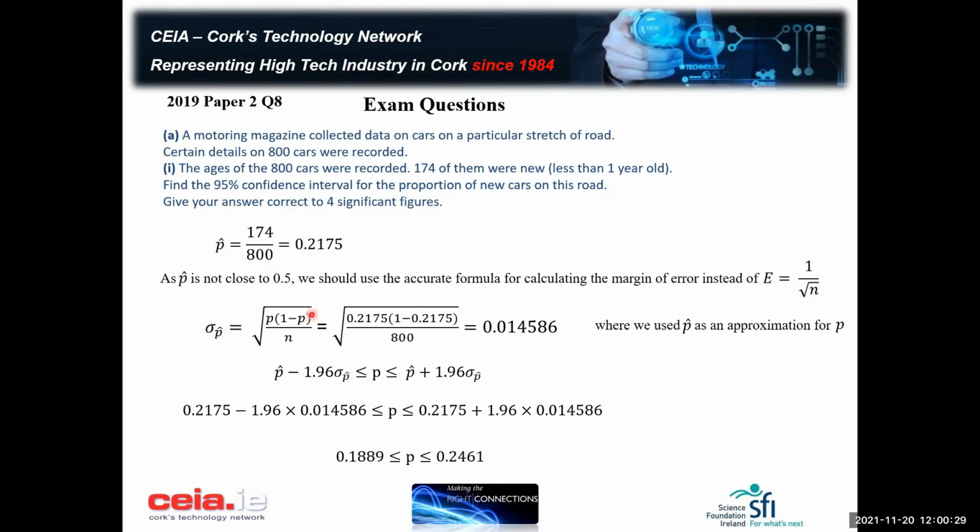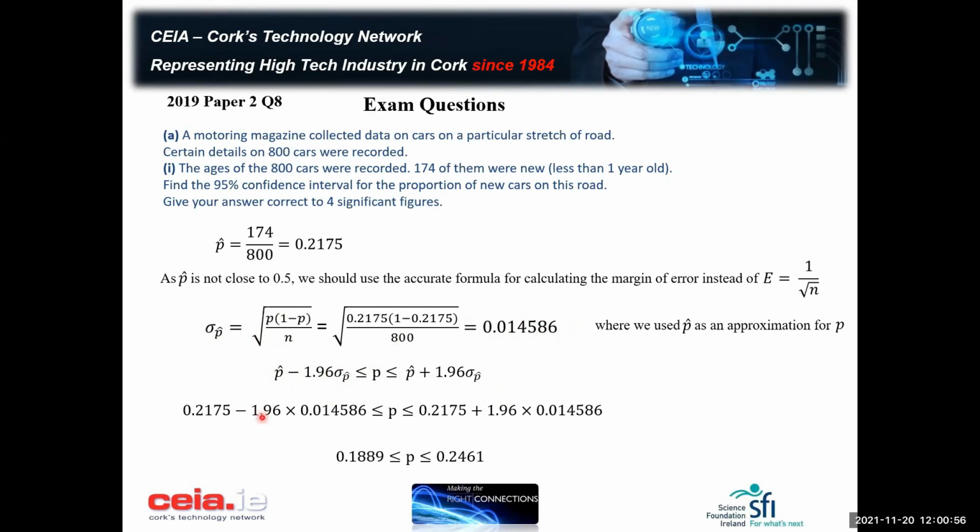So instead of using this approximate formula, use the accurate method. The accurate method is to work out the standard deviation for the proportions using this formula. You get this, and then use the empirical rule of plus or minus 1.96 standard deviations about the measured proportion.